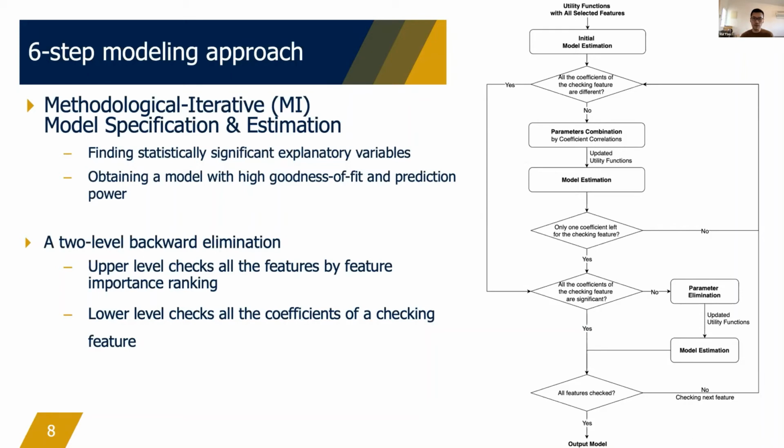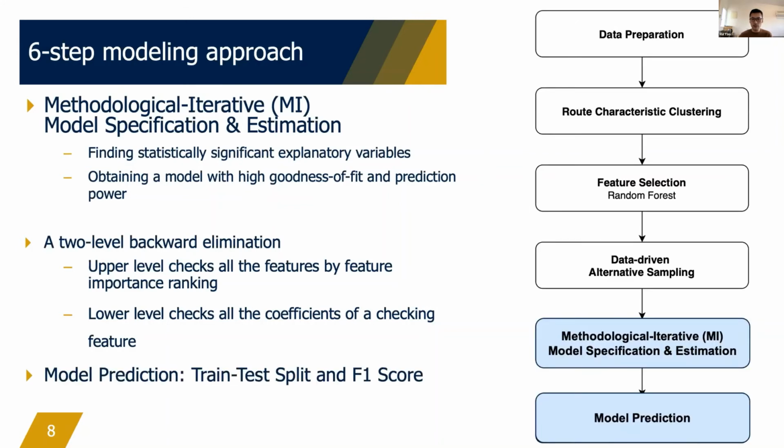The lower level checks for coefficient correlation of all the coefficients of a checking feature. It iteratively combines the two highly correlated coefficients and then estimates a new model. In order to validate the model prediction power, the data set is randomly split into a training set and a test set for independent prediction. And the prediction accuracy is measured using F1 score.